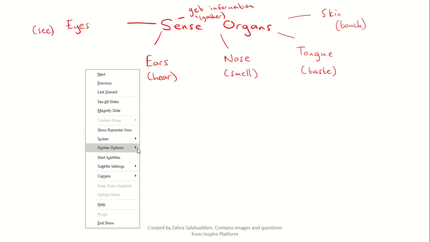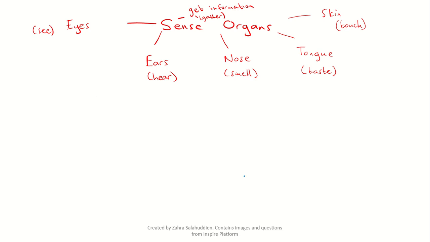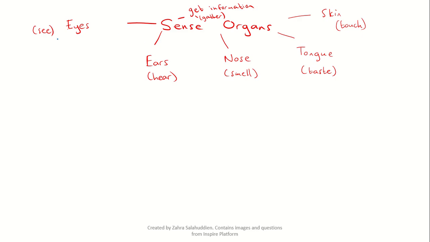Okay, so let's look at some examples of animals and how they use it. The first one we're going to look at is eyes. The largest eyes on an animal are on something called the colossal squid.